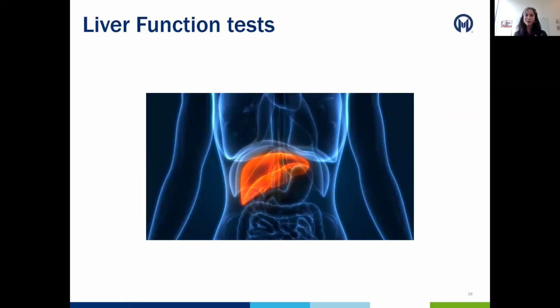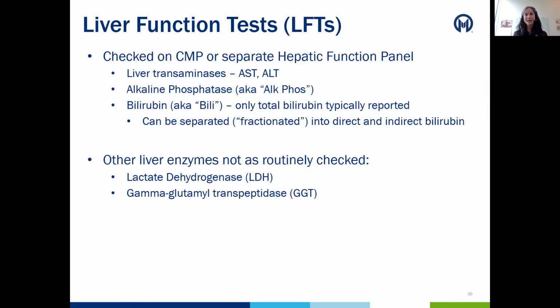Now, moving on from the kidneys to the other major organ that we definitely pay attention to closely, liver function tests. On a CMP, or separate hepatic function panel, we do check liver function tests. There's liver transaminases, as I mentioned, the AST and ALT.